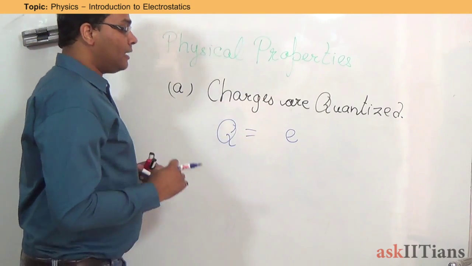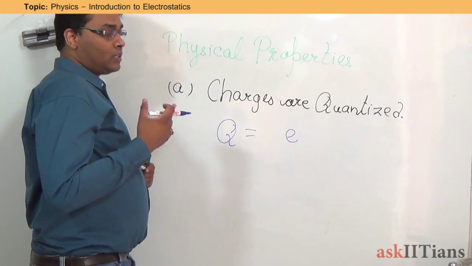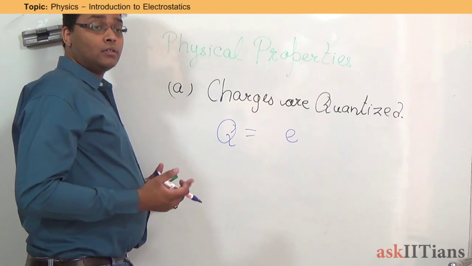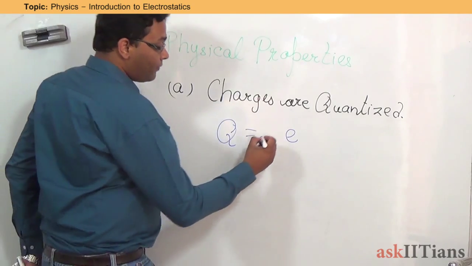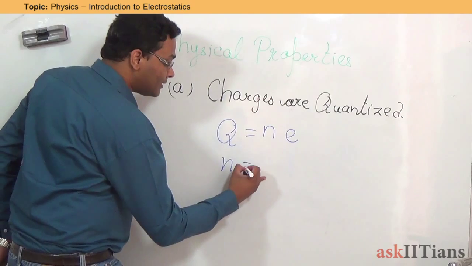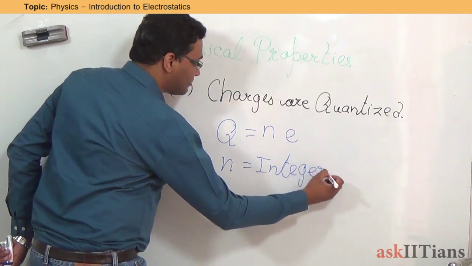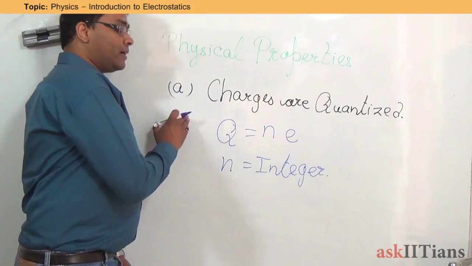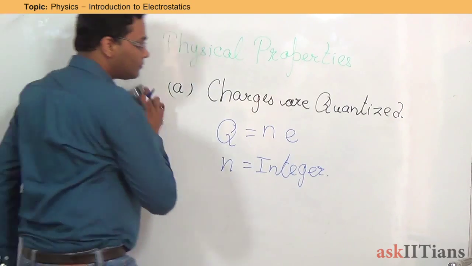You cannot say that the charge of any atom is going to be less than the charge of an electron, right? So Q is defined as equal to n times e, where n is nothing but an integer. It can be a positive or a negative integer, doesn't matter, but it has to be an integer, right? The first thing is that the charge is quantized.